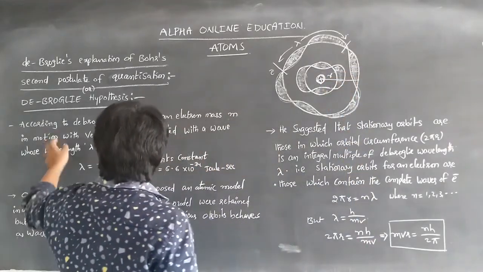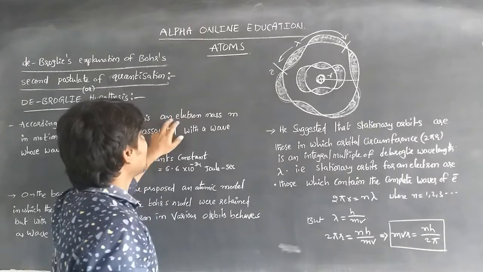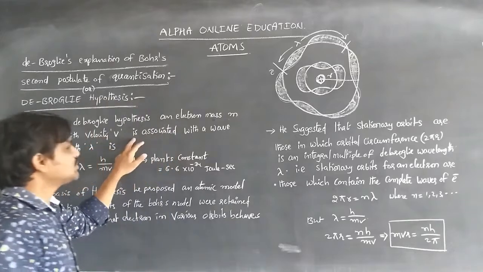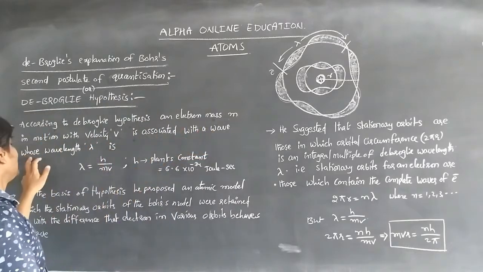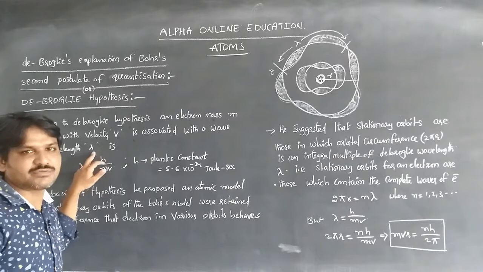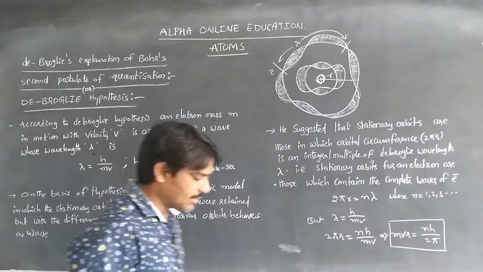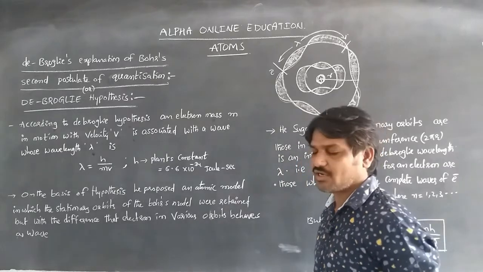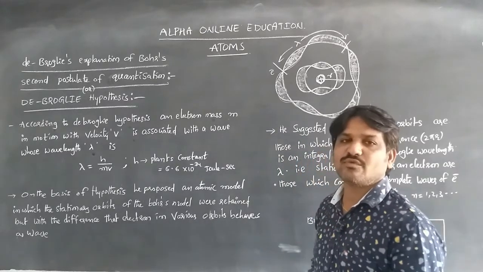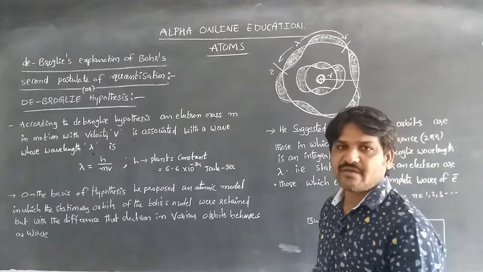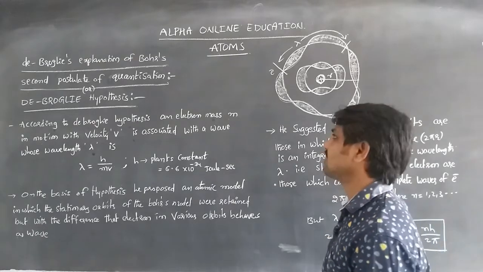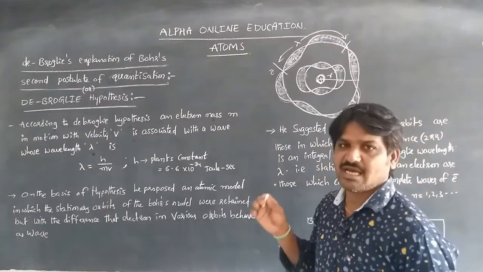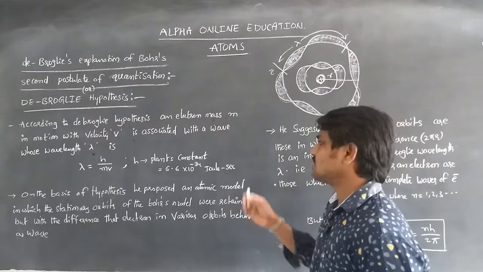So according to the de Broglie hypothesis, an electron of mass m moving with velocity v is associated with a wave whose wavelength is lambda. Whenever the electron is revolving in a stationary orbit around the nucleus, it must be moving like a particle wave associated with a stationary wave, having wavelength lambda.